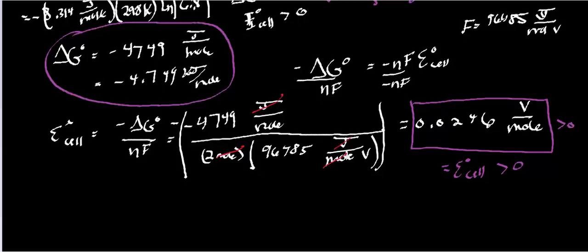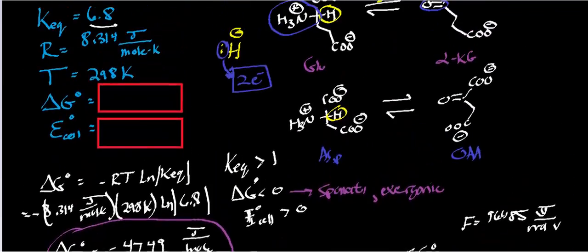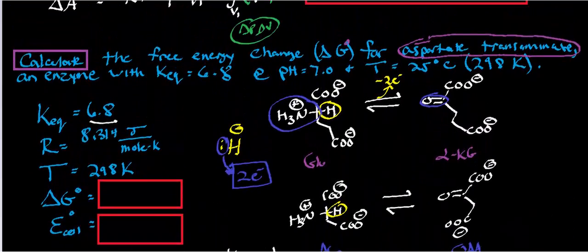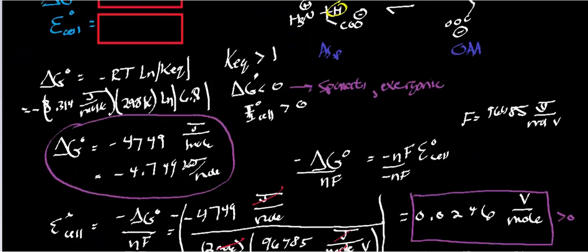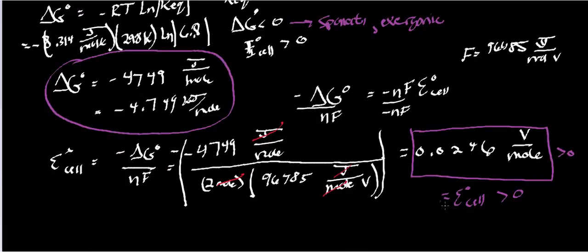So that's how you go about dealing with some of the biological things. You can calculate delta G for different reactions, delta G at equilibrium. The other thing also, remember for E cell, is this type of equation where you have the condensed form of the Nernst, delta G is equal to negative NF E cell.